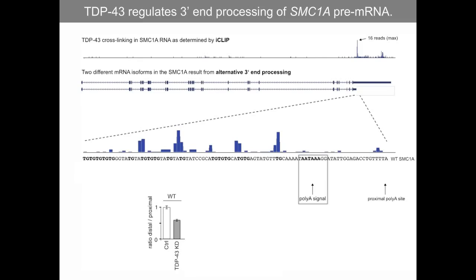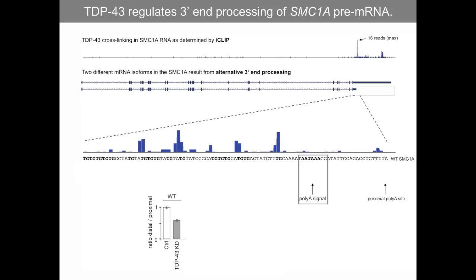So the terminology we'll use is the one that creates a shorter isoform is the proximal site, and the distal site creates the longer isoform. And you can see the zoom in into this proximal region, and the polyA signal of the proximal sequence is close to where the TDP43 cross-linking lies. And you can also see how the cross-linking signal nicely overlaps with the regions where we see UG-rich sequences.